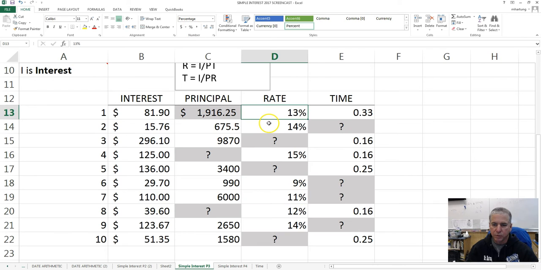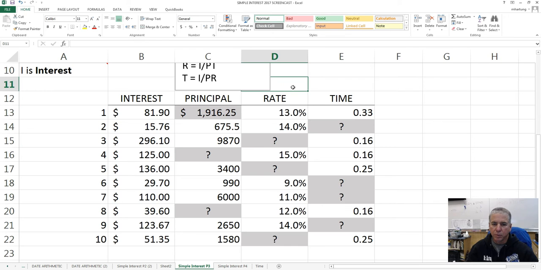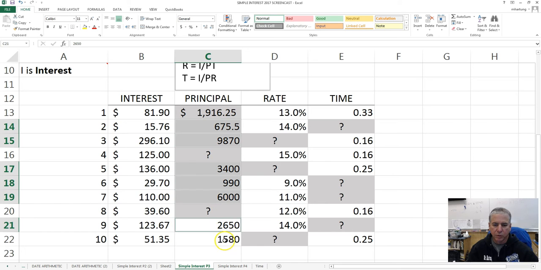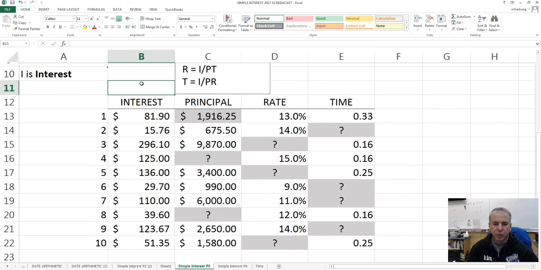And in fact, let's go ahead and increase the decimal place by 1 there. And I'll make those dollars too. There we go. All right, so that's how you do the principal.